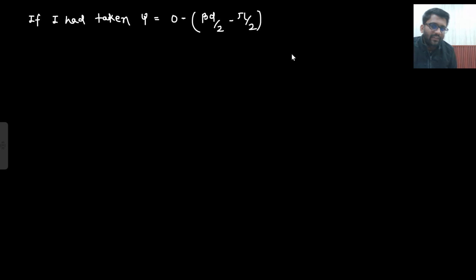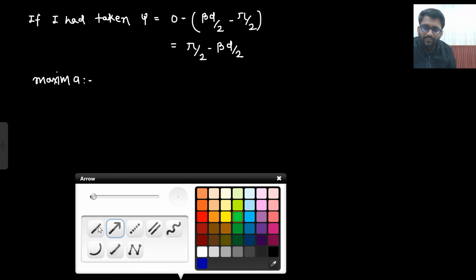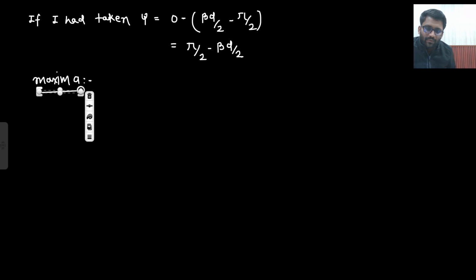If I had taken the phase difference like this, then the phase difference will be pi by 2 minus beta d by 2. What will be the location of maxima? Location of maxima would have been pi by 2 minus beta d by 2 equals to 2n pi.